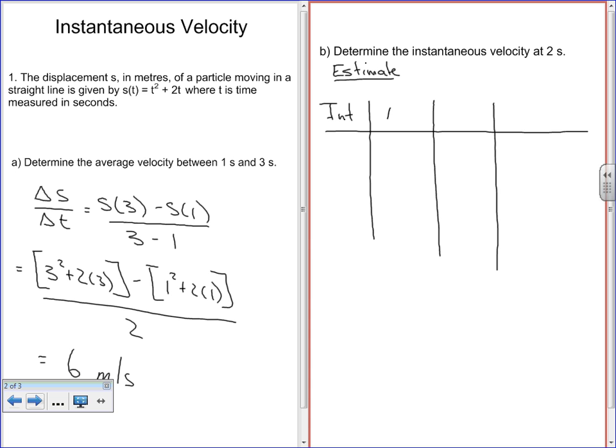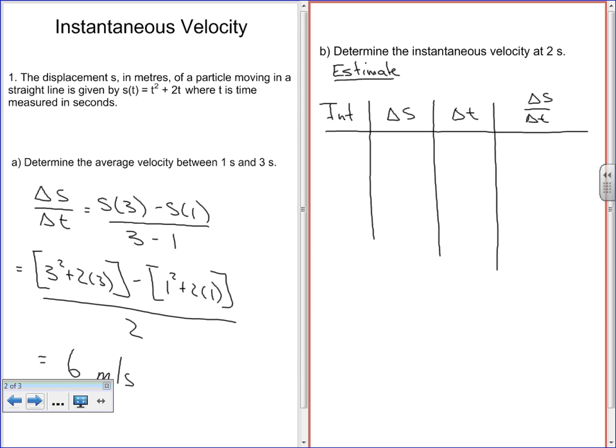I'm going to figure out the change in the displacement and the change in the time, and then take the change in the displacement over the change in the time to give me an estimation of the instantaneous velocity.